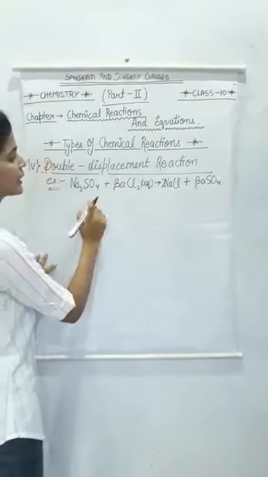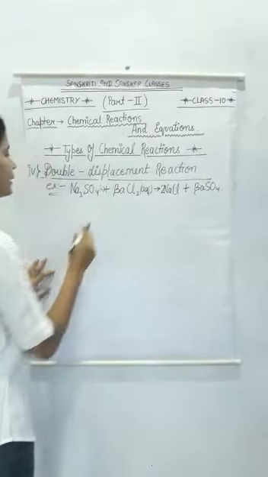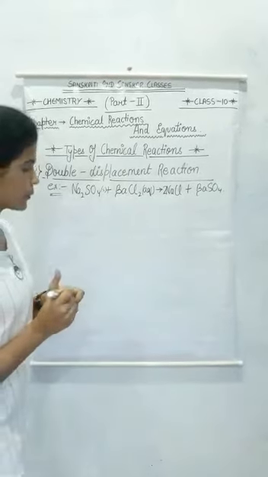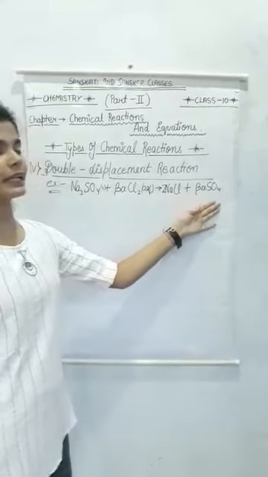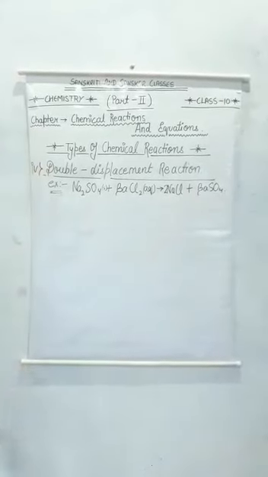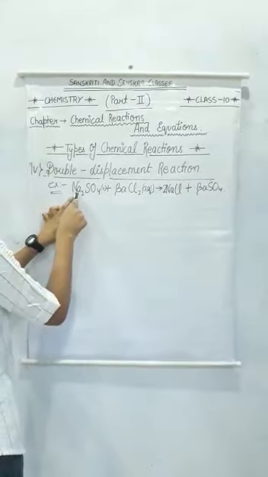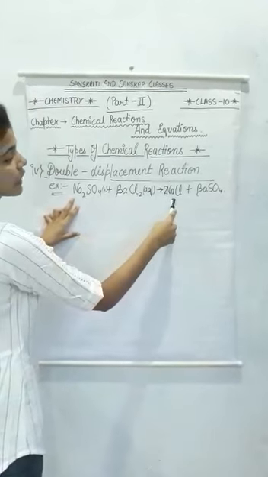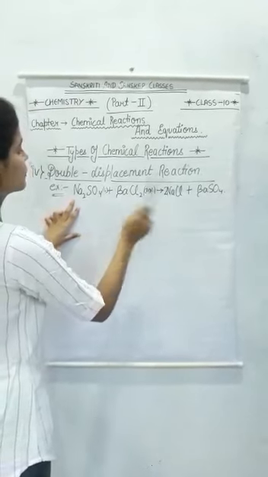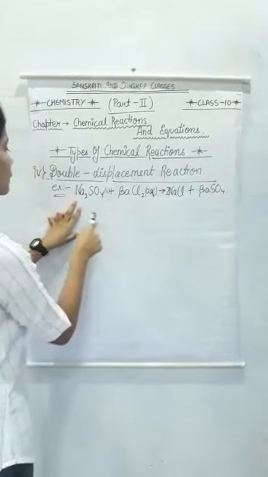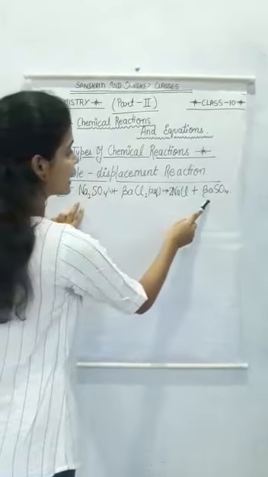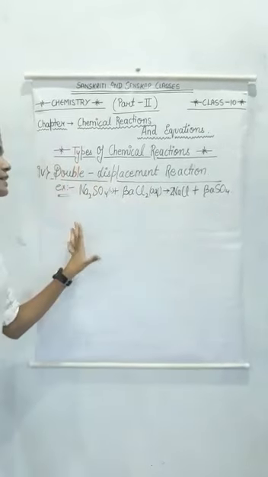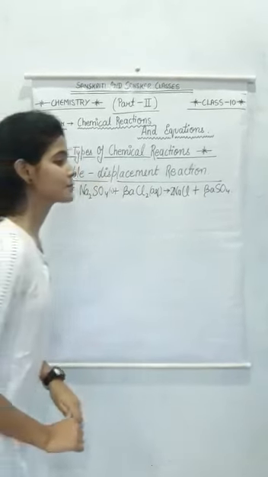Sodium sulfate, that is aqueous, and barium chloride, that is aqueous, will give us sodium chloride and barium sulfate. Here what are they doing? Sodium is going with chloride, we can see 2NaCl. Then barium is coming at the place of sodium, that is BaSO4. So this is the best example of double displacement reaction.